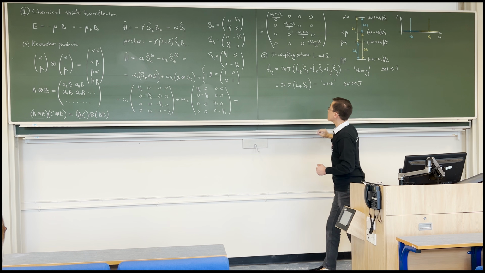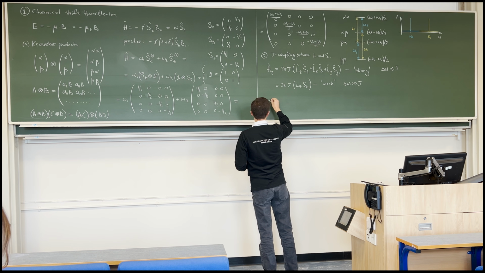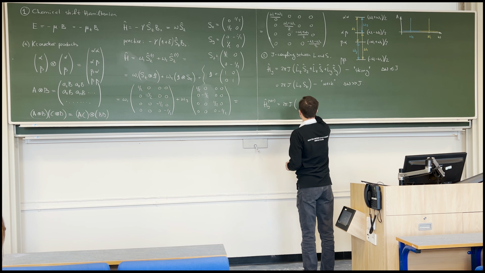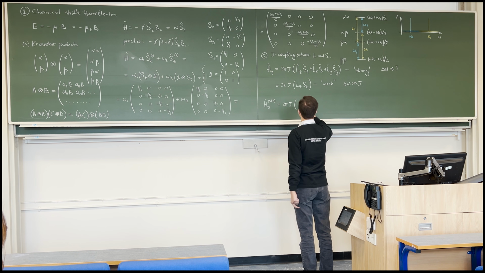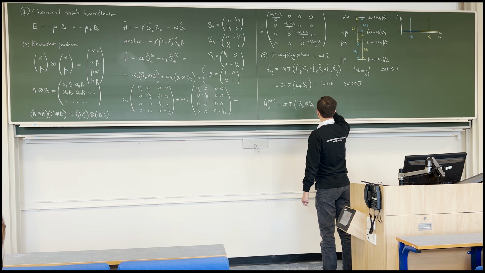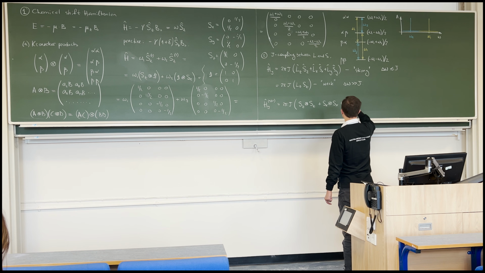And so the structure of that, H_J strong, will be 2 pi J times Sz Kronecker with Sz again, plus Sx Kronecker with Sx plus Sy Kronecker with Sy.